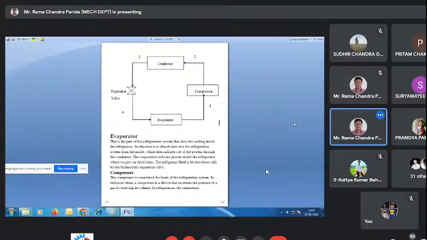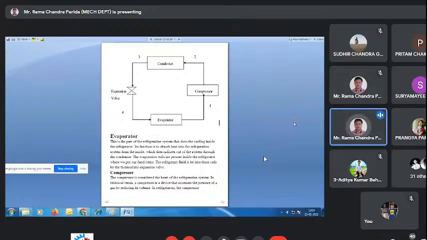Now, what is the exit condition of the expansion valve? Who can tell? What is the exit condition of the refrigerant after the expansion valve? Ritam, Sir, can you please repeat the question?